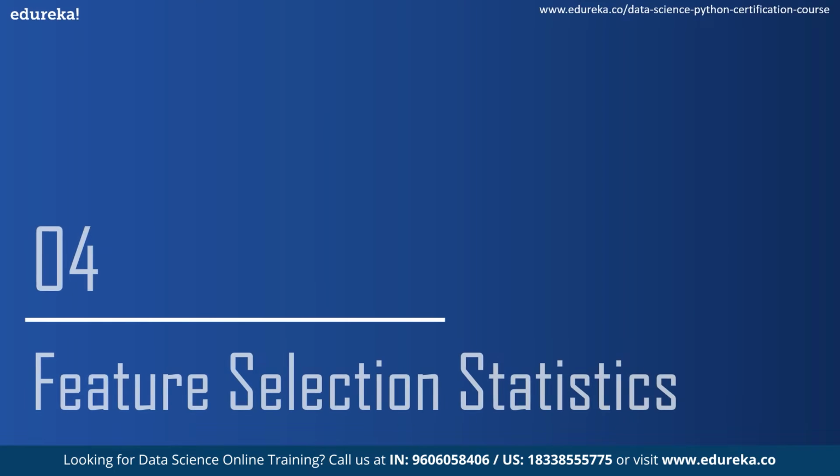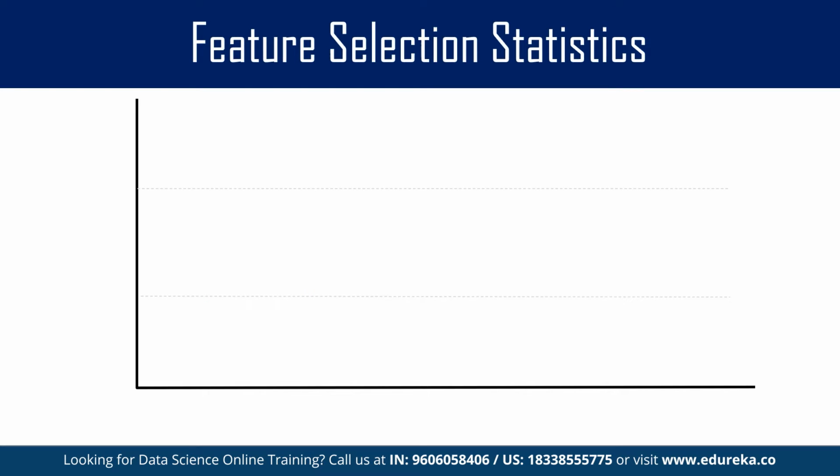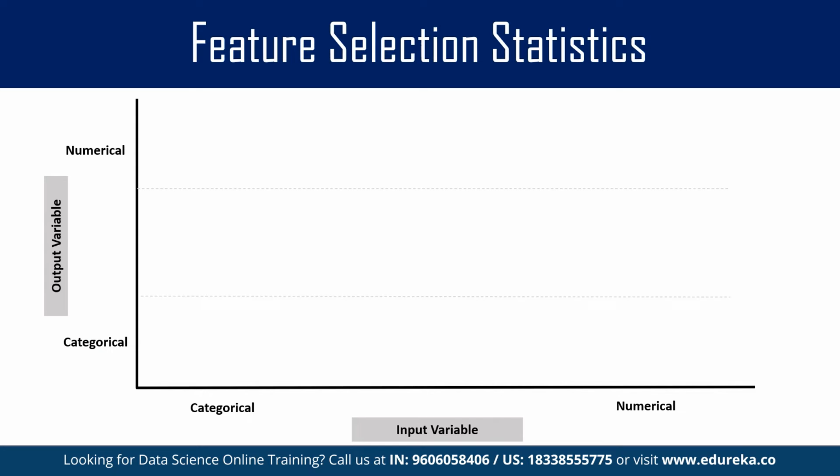Having said that, let us understand various feature selection statistics. Suppose on the x-axis we have the input variable and on the y-axis the output variable. These input or output variables could be either categorical or numeric. If both our input and output variables are categorical, then we will use the chi-square test or mutual information.